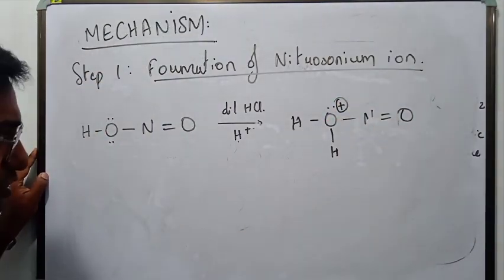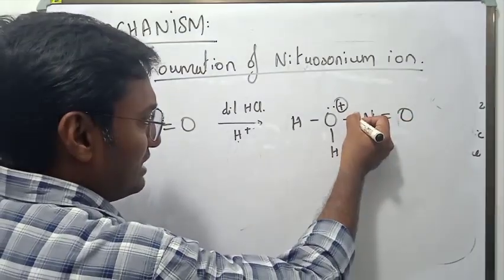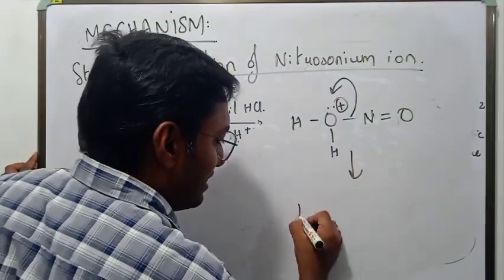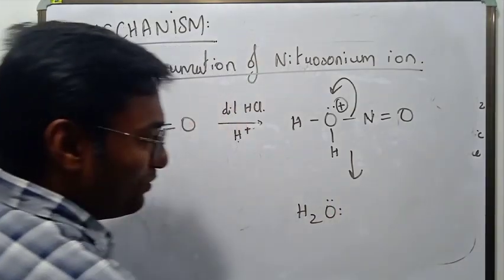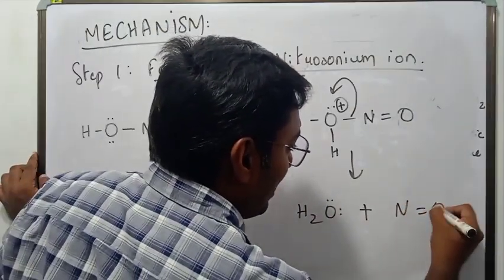Now to remove the positive sign, this electron pair shifts here. And what do we get? H2O, the lone pair is restored now, and the nitrosonium ion.